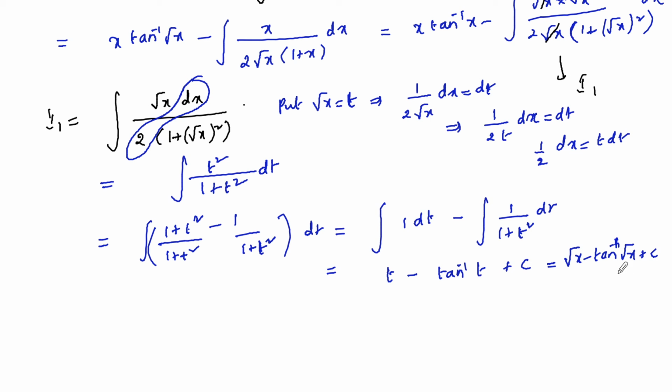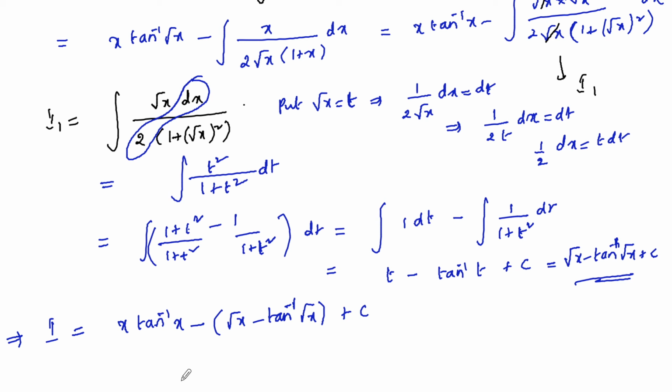Let us substitute this I1 in the given problem. So we had our integral I is equal to x tan inverse root x minus of root x minus tan inverse root x, and integral constant, let us write plus c here.